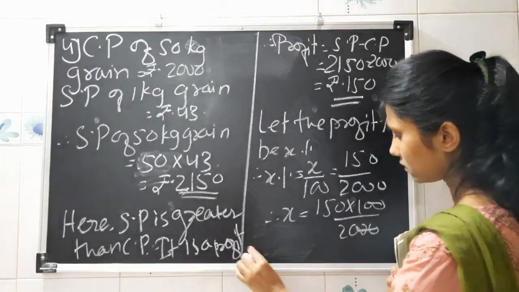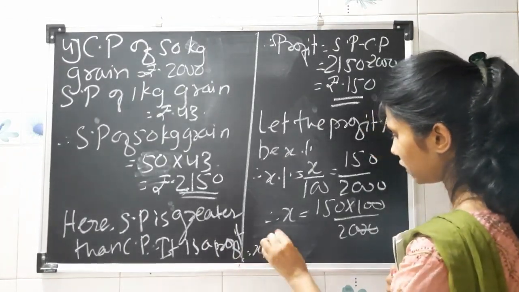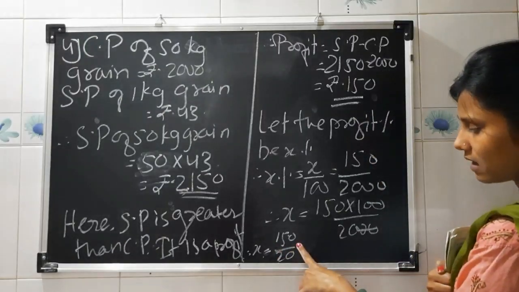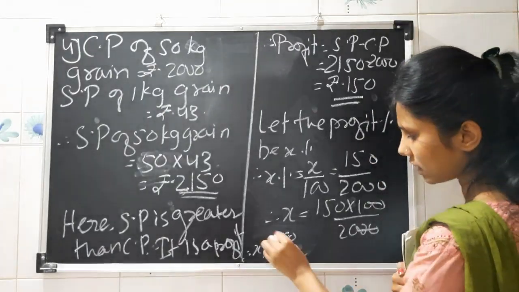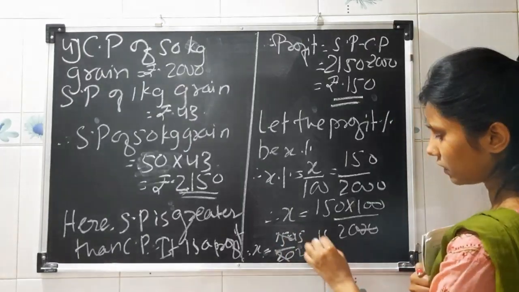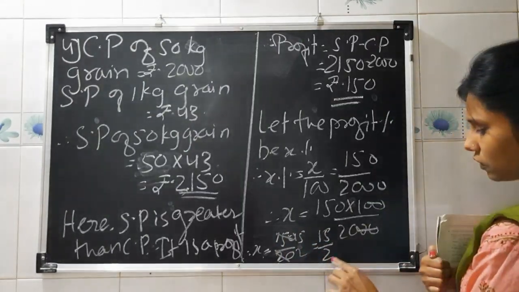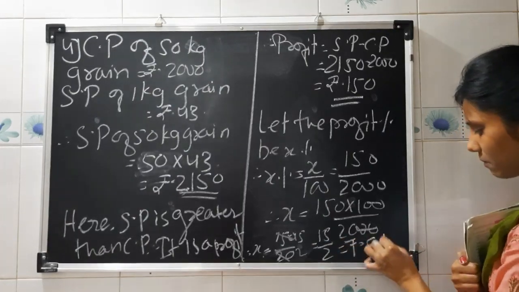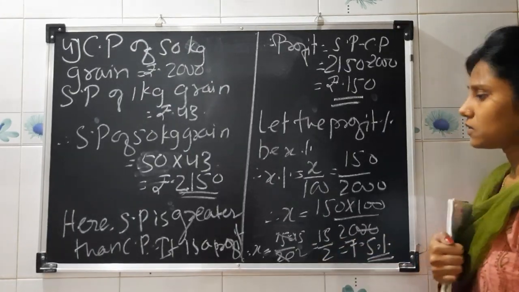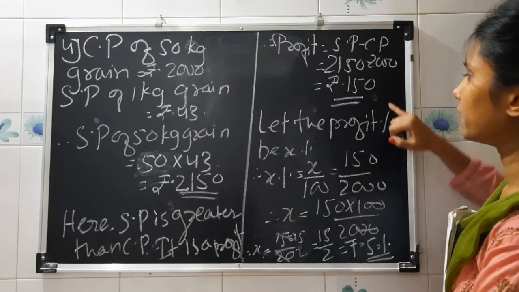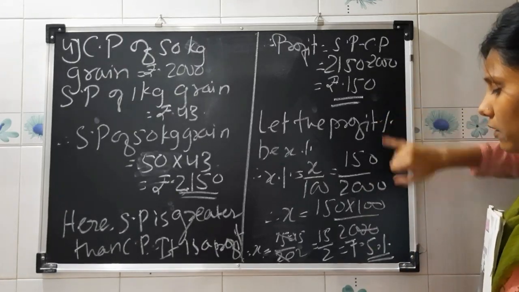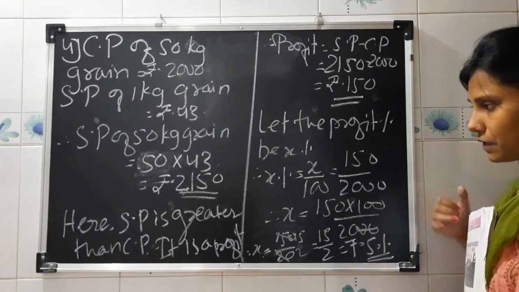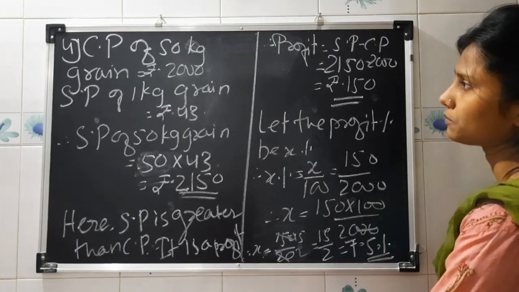So remaining X is equal to 150 upon 20. If we divide this by 10, we get 15 upon 2. So 15 divided by 2 is 7.5%. So the profit earned is rupees 150 and the profit percentage is 7.5%.